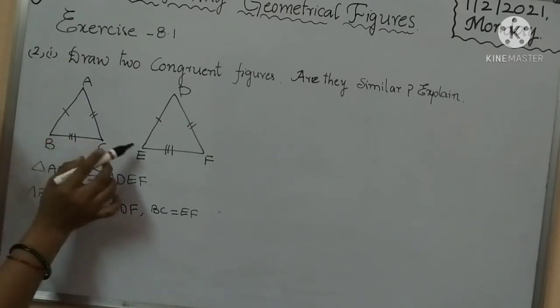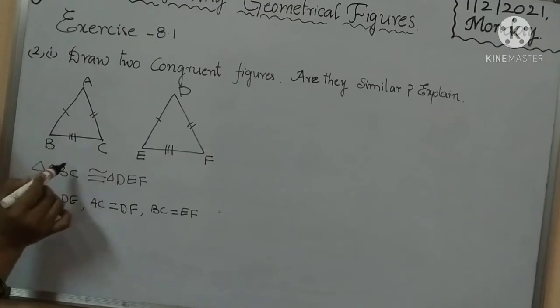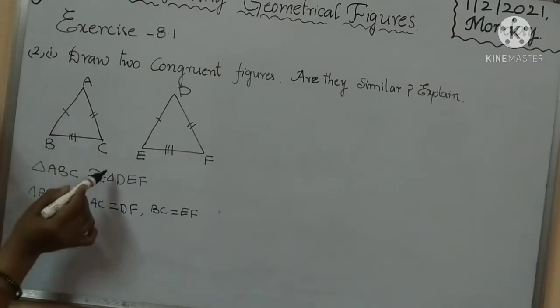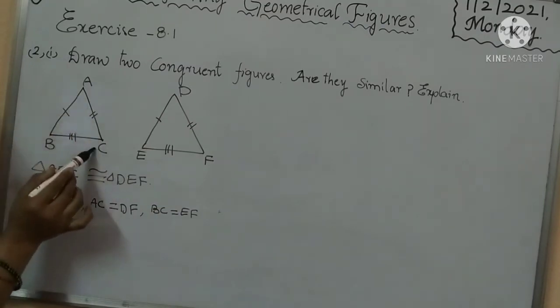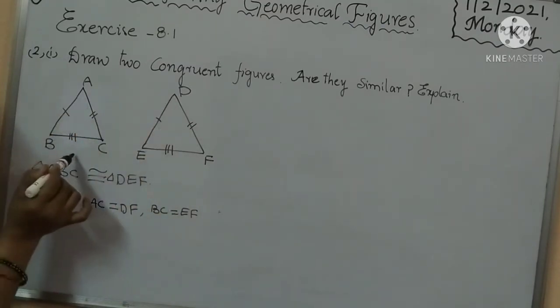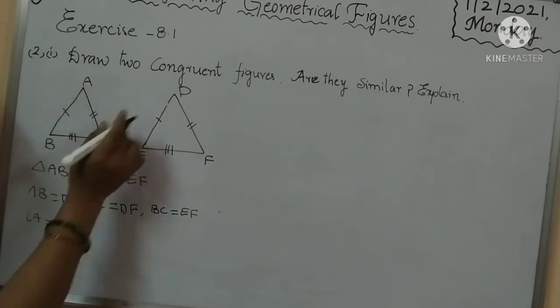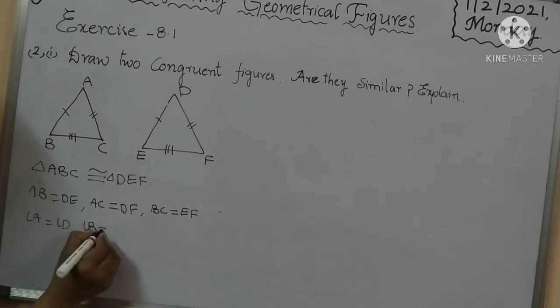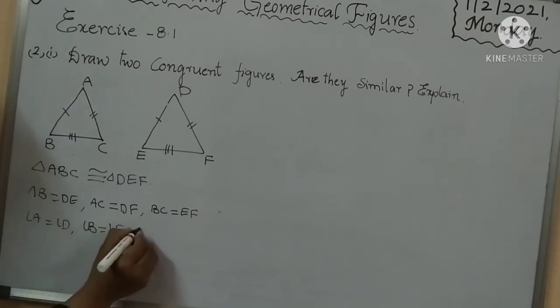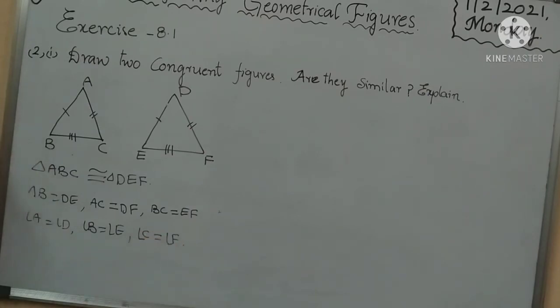Triangle ABC is congruent to triangle DEF: AB equal to DE, AC equal to DF, BC equal to EF. At the same time, angle A equal to angle D, angle B equal to angle E, angle C equal to angle F. These two triangles are congruent figures.